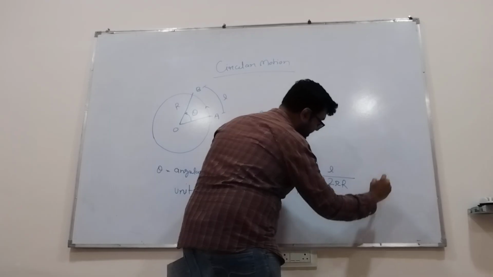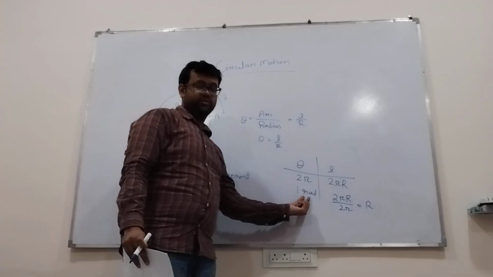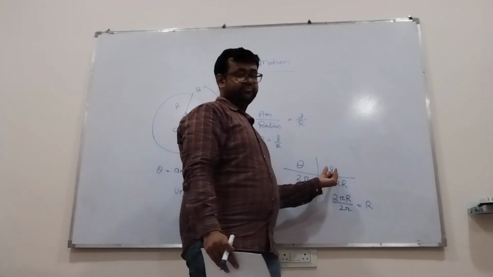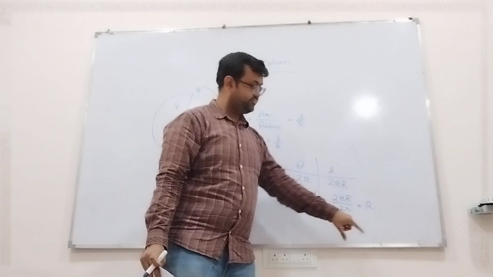So that is nothing but the R. So if the object has moved 1 radian only, then the distance it will cover is nothing but the R.